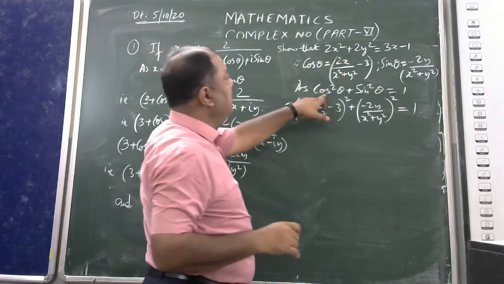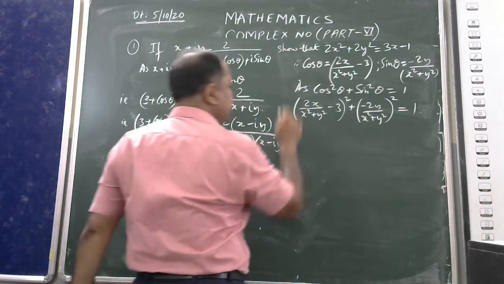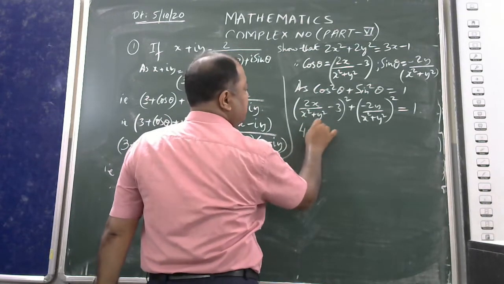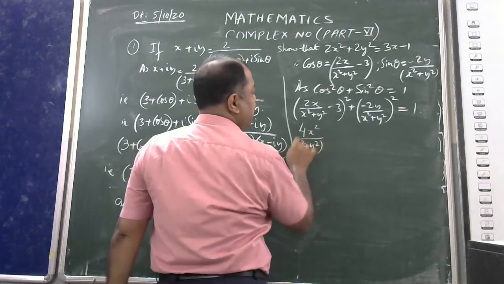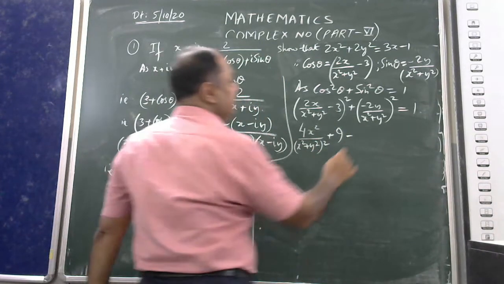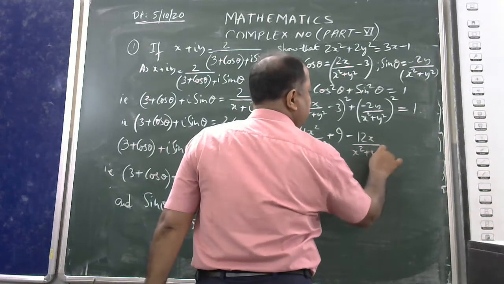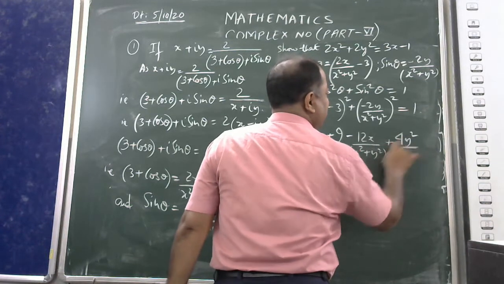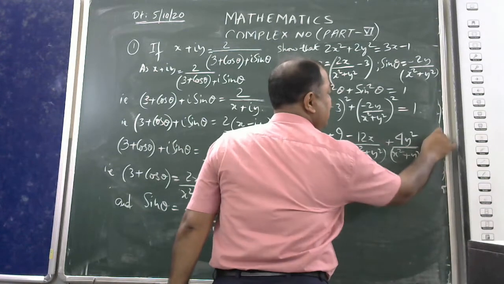Replacing the values of cos theta and sin theta, that is 4x squared by (x squared plus y squared) whole squared, plus 9, minus 12x by x squared plus y squared, plus 4y squared by (x squared plus y squared) whole squared is equal to 1.